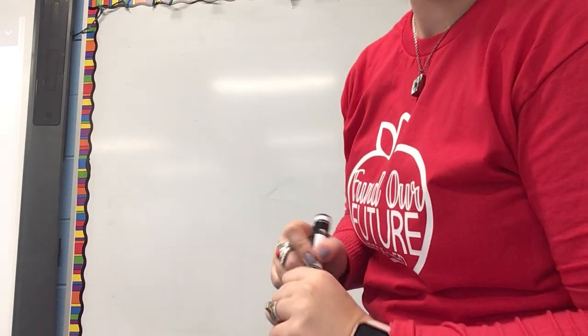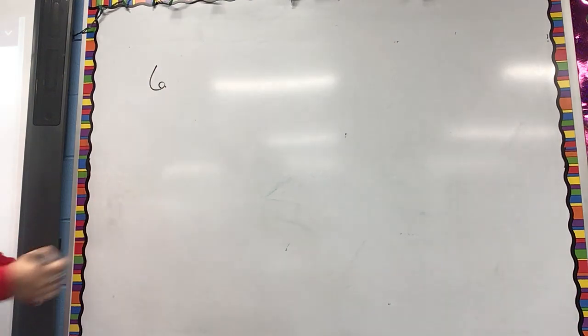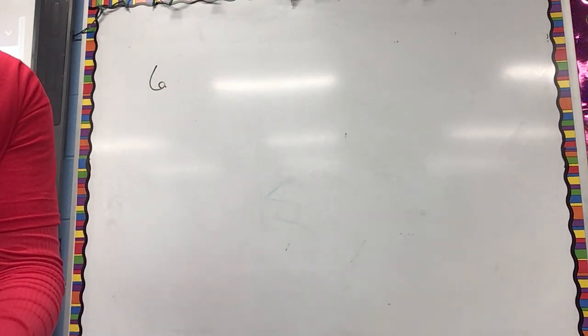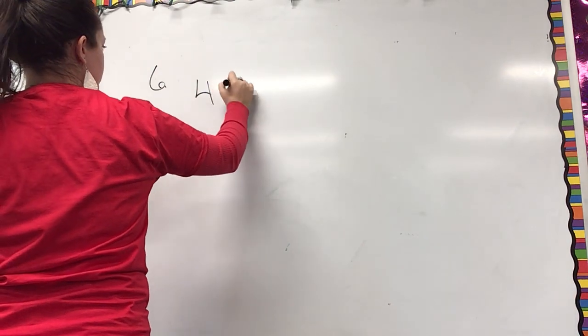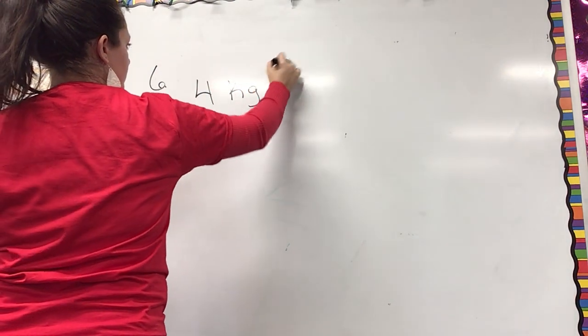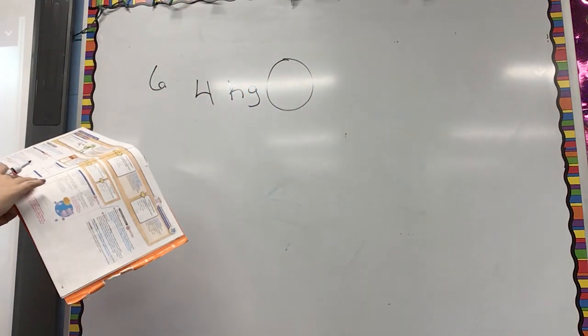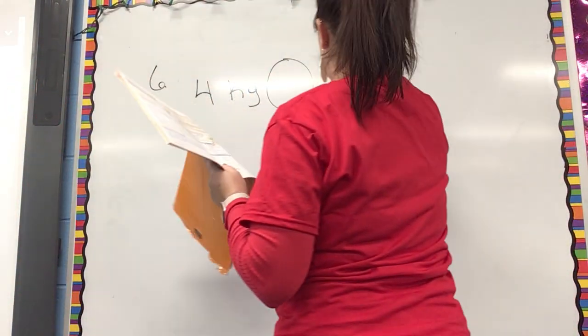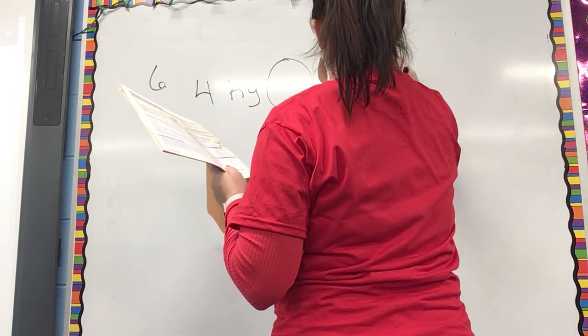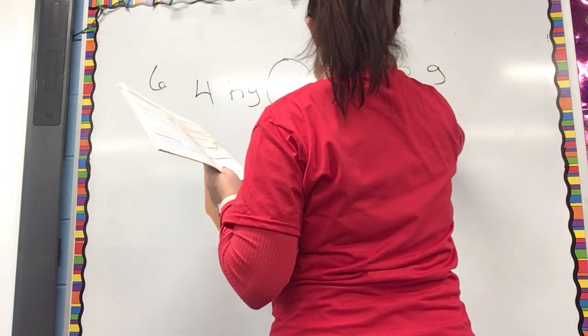All right, one more on comparison, and I want you to do this one independently now. Number 6. Four kilograms, circle for my symbol, and 4,000 grams.